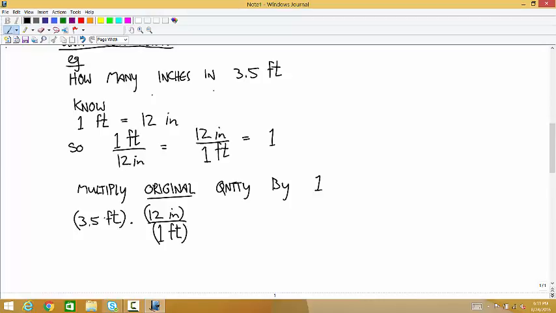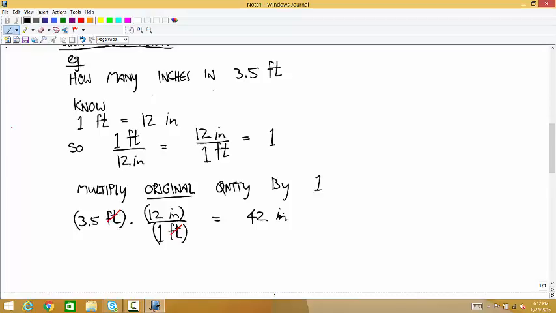Since we're multiplying 3.5 feet by 1, we haven't changed the quantity that we have. We're just re-expressing it in new units. These feet cancel out, and you come up with 42 inches.